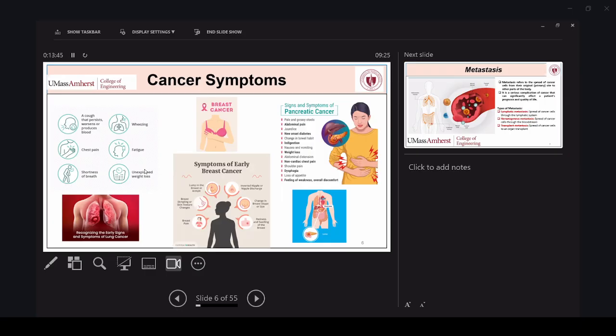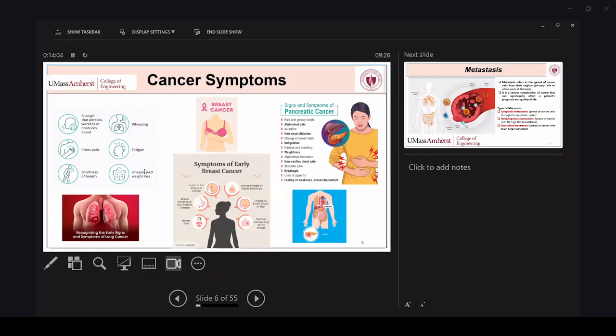And as I mentioned, one of the deadliest cancers with the lowest survival rate is pancreatic cancer. Its symptoms are so vague that there is no way to say you have pancreatic cancer.